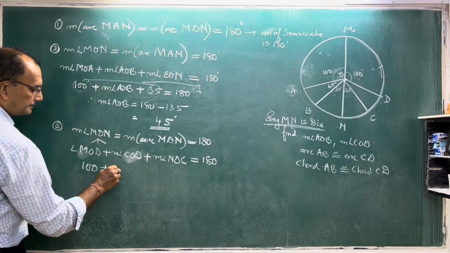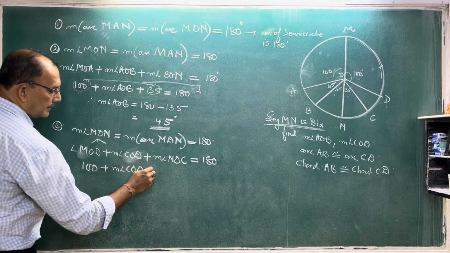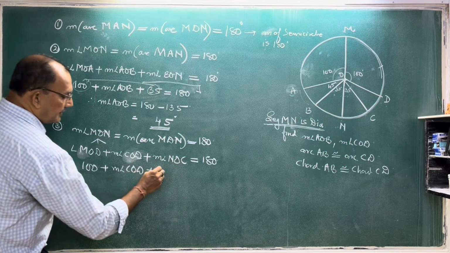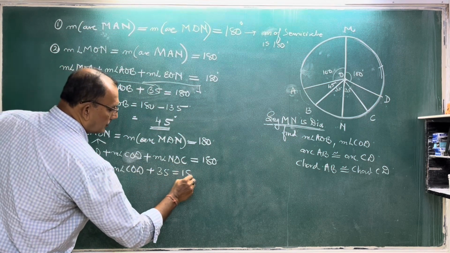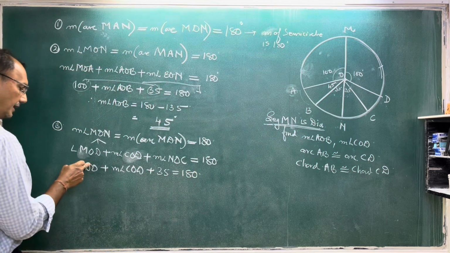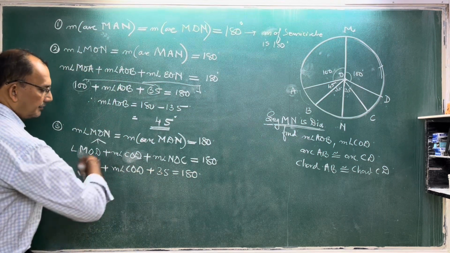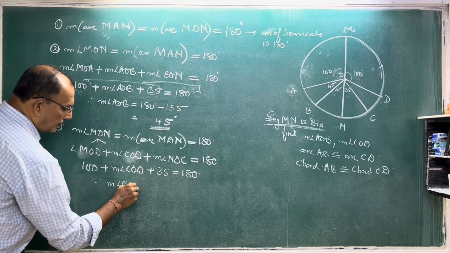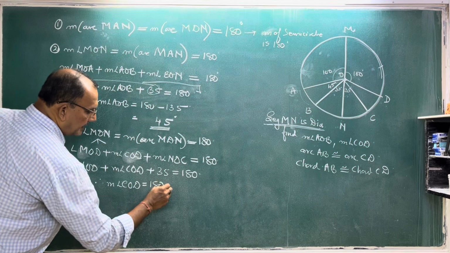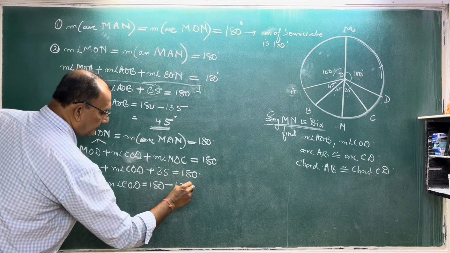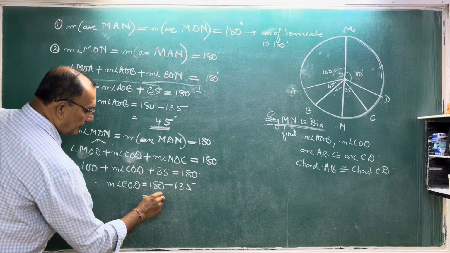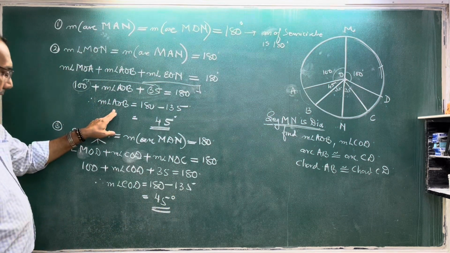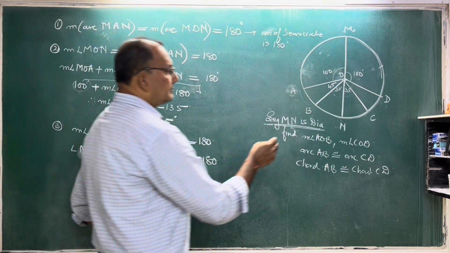COD we don't know. Plus NOC is given to you, how much? 35 is equal to 180. Again 135, if you add 135 and take it to that side, therefore measure of angle COD will be 180 minus 135, and that gives me 45 degrees. So we found both the angles AOB and COD. So I'll write here 45 degrees.